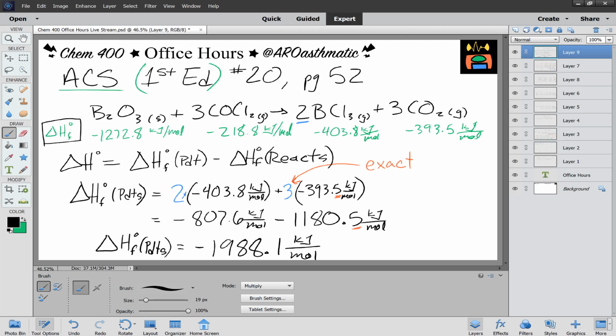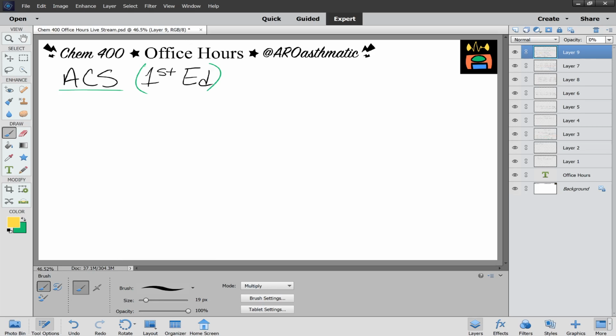All right, that's not our answer. That is the delta H of our product. So this right here is just this. We still need to calculate the delta H of reactants, but I'm going to need to bump to a new slide.